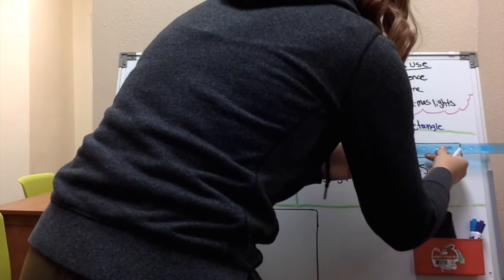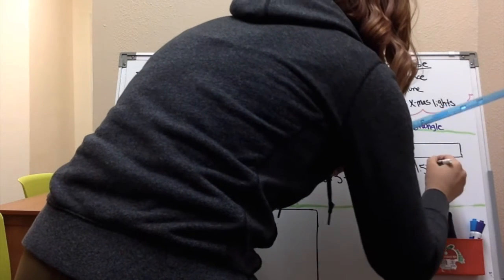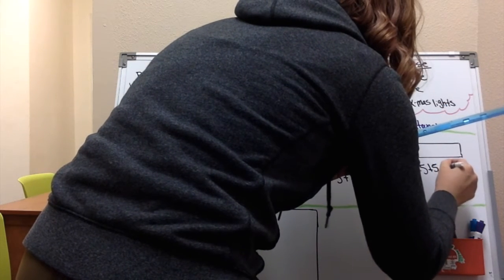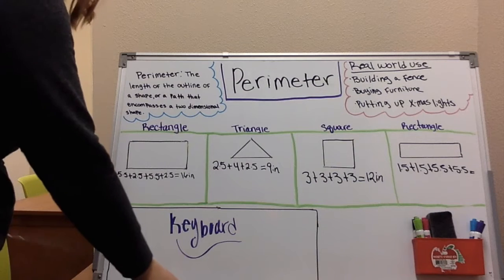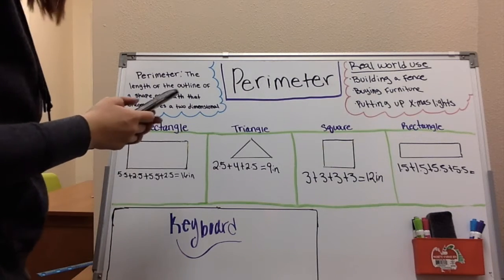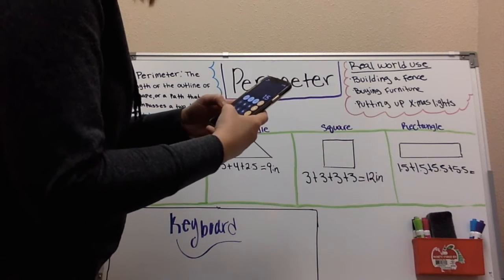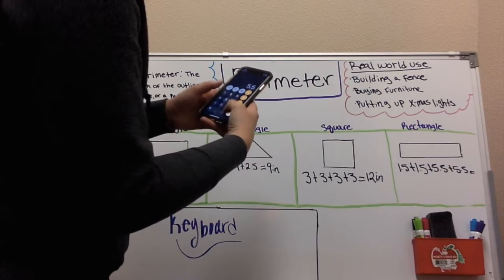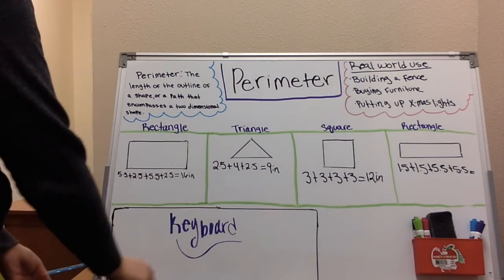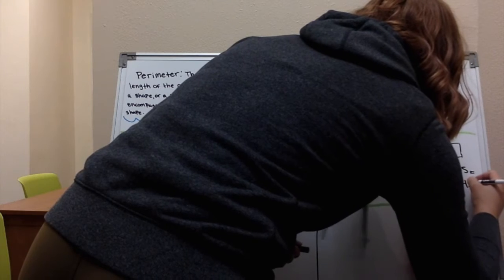And this is 5.5 plus 5.5 plus. Let's get our calculator out. So 1.5 plus 1.5 plus 5.5 plus 5.5 equals 14 inches.